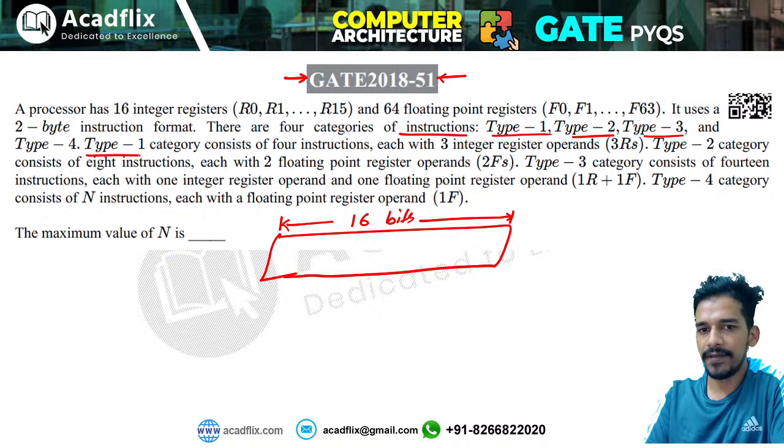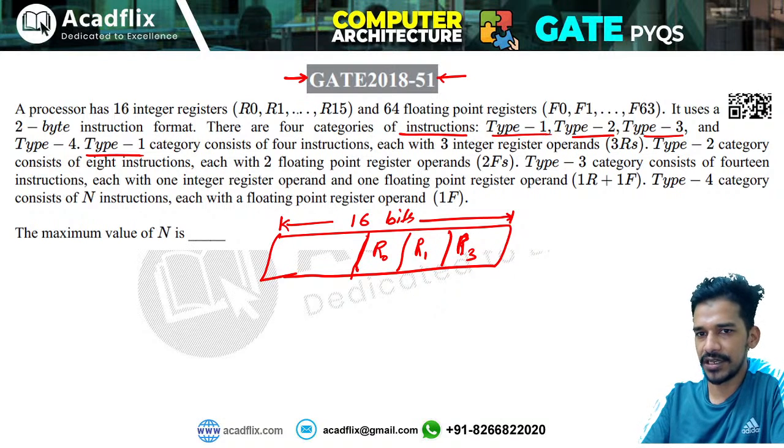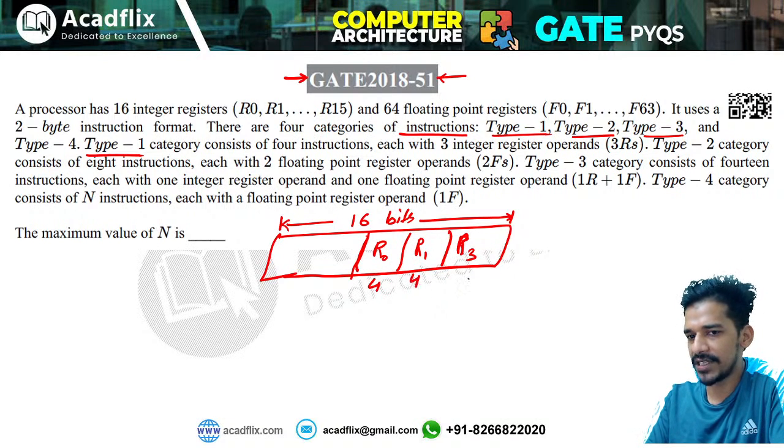Type 1 category consists of 4 instructions, each with 3 integer registers. So we have to specify 3 integer registers. To specify one of the 16 integer registers, we will require 4 bits. 4 bits will be required to represent the 16 registers, right?